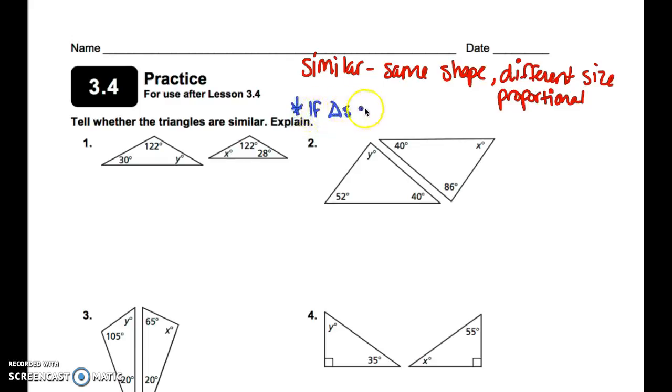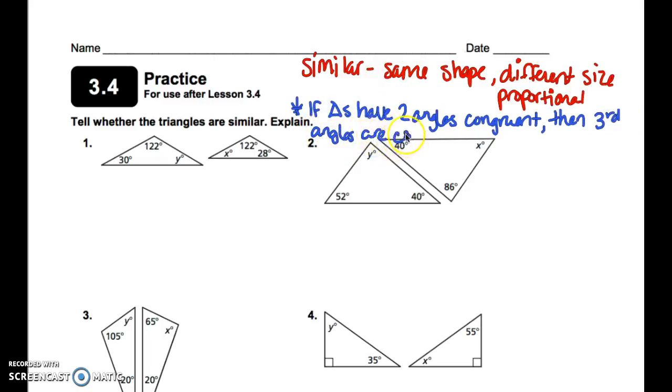If triangles have two angles congruent, then that has to mean that the third angles are congruent and the triangles are similar.